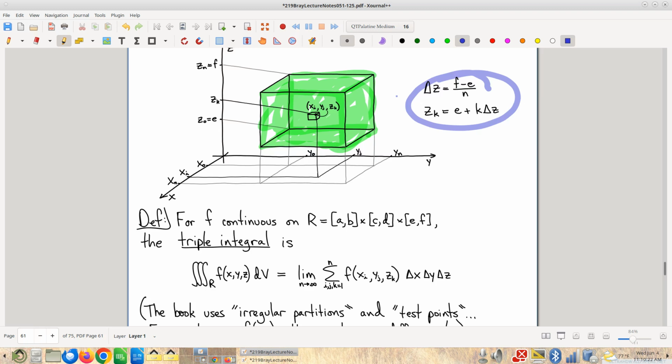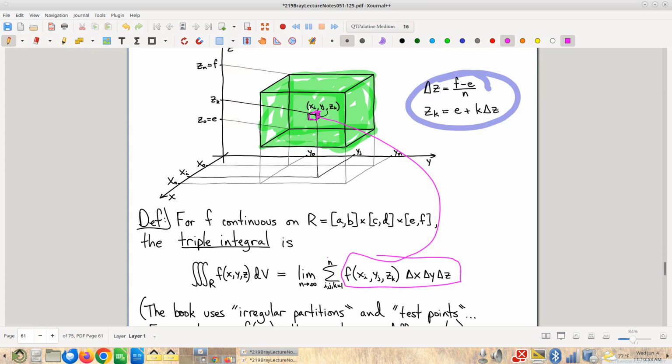But big picture, chop it up, add it up. It's hard for me to draw three-dimensional slices, but you could imagine if I were to take a knife and cut this up in all three different directions, I would get not sub-intervals, not sub-rectangles, but what I will call sub-boxes. On each box, I can talk about whatever it is that I'm computing, let's say mass, because it's relatable.